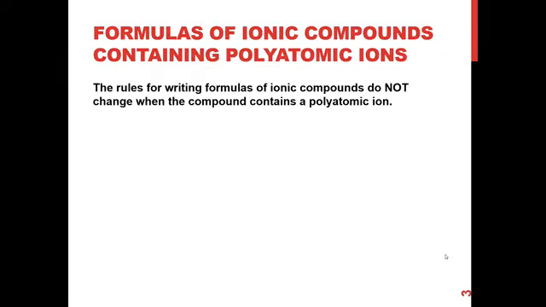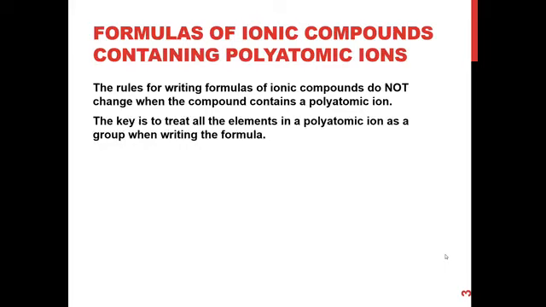Let's talk about writing formulas of ionic compounds that contain polyatomic ions. The rules for writing formulas of ionic compounds do not change when the compound contains a polyatomic ion. In other words, we're going to apply the same rules that we used when writing formulas of binary ionic compounds.